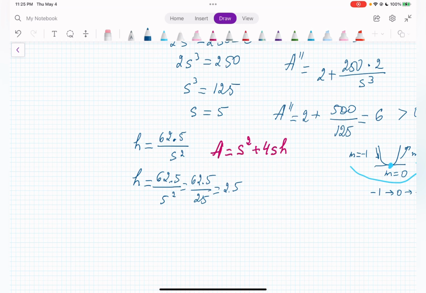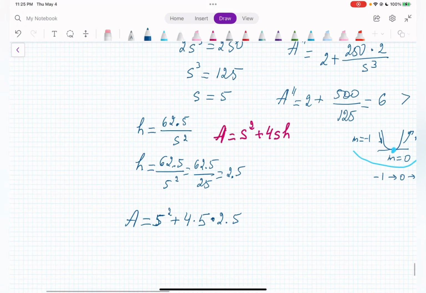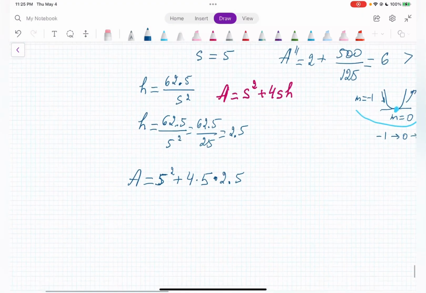And from here, I'm going to get the area of the surface. The area of the surface is equal to s squared, which is 5 squared, plus 4 times 5 times 2.5. Yes, this is multiplication. So we are getting 25 plus 4 times 5 is 20, and 20 times 2.5 is 50, so it's going to be 75.